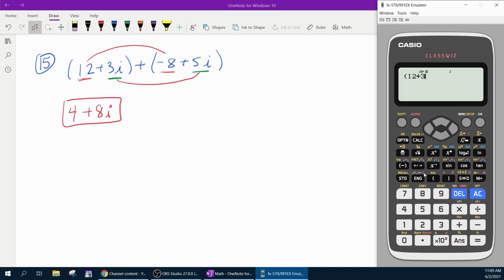Notice it has a little blue i above it, and that'll get your i on the screen. Plus negative 8 plus 5i. And notice that it gives the answer that we needed. So the Casio ClassWiz is also going to add and subtract complex numbers for you. You just need to remember that you've got to be in complex mode.